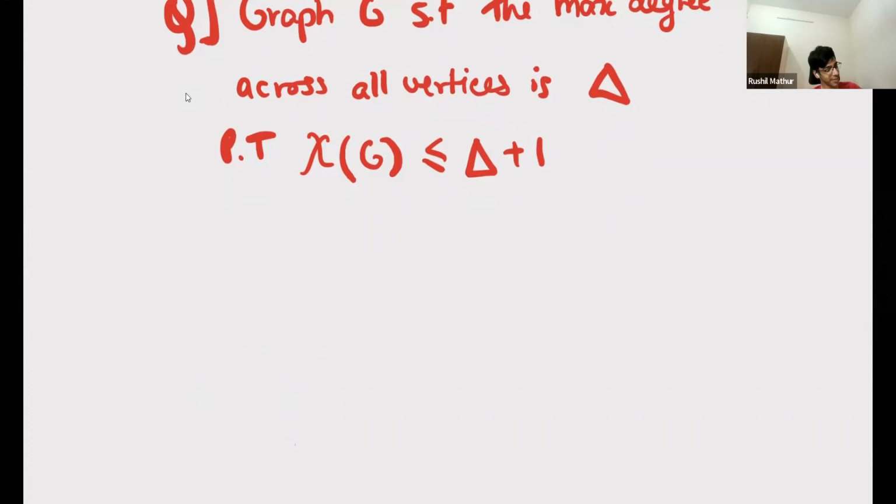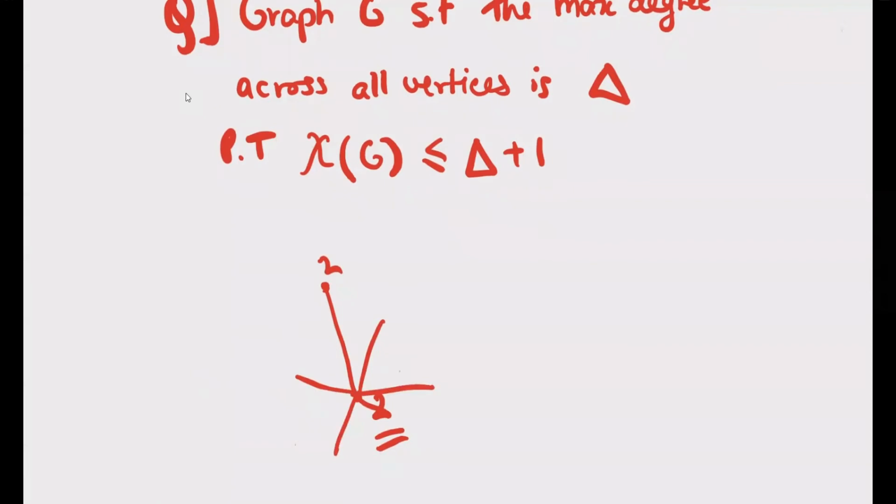So basically, we're saying that let's say we tried to color the vertices, and we followed this method of giving different colors to different vertices. As soon as we reach a problem where two adjacent vertices have the same color, we realize that this vertex has at most delta neighbors.